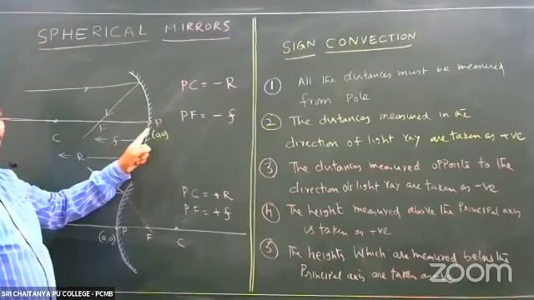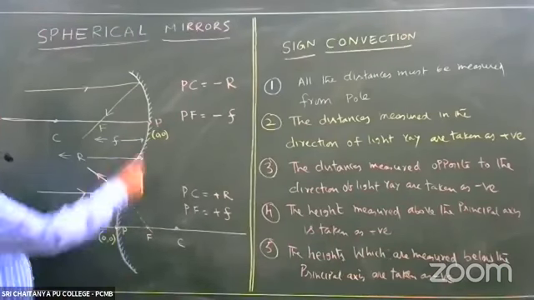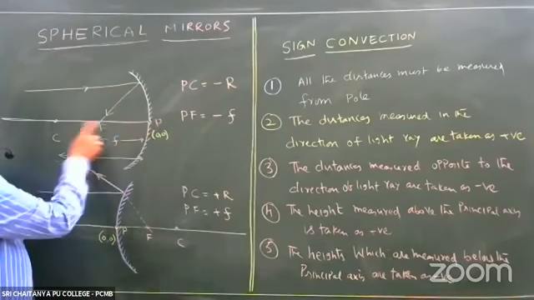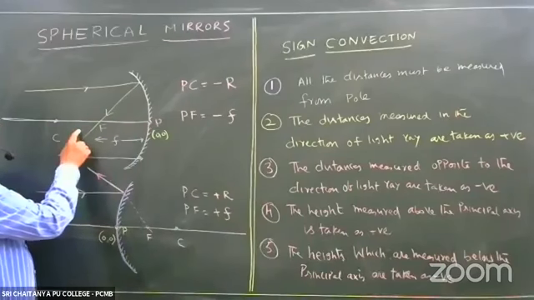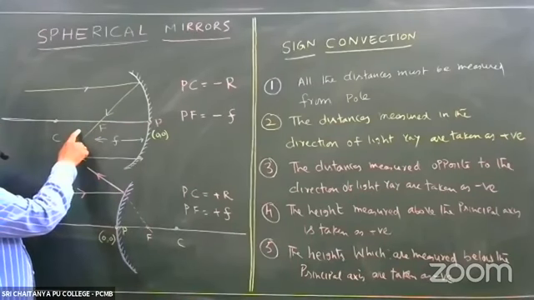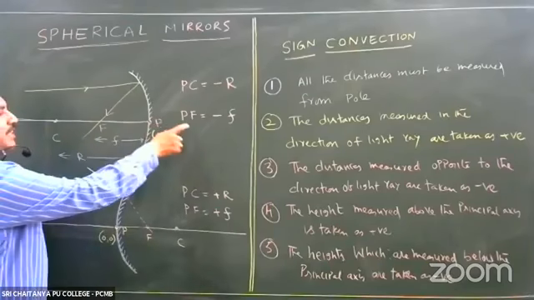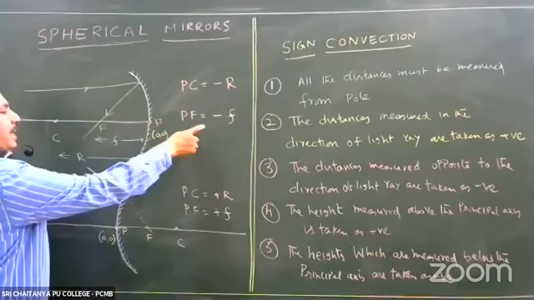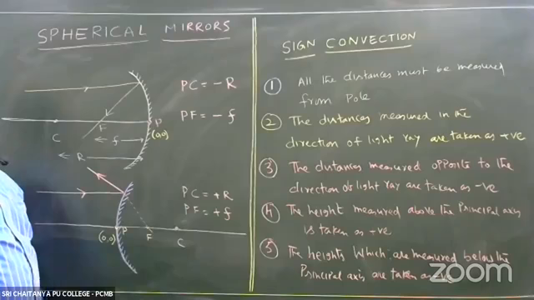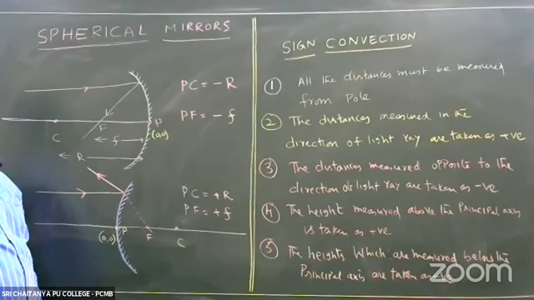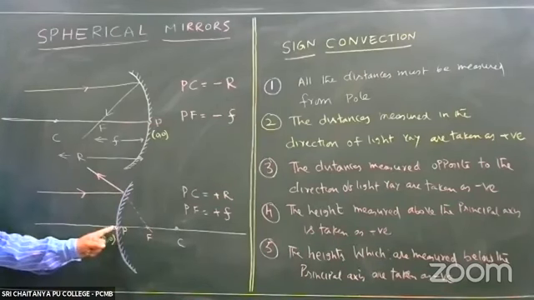In case of concave mirror, if the object is present left side of P, object distance is taken as negative. If the object is present right side of P, then object distance is positive. Same in the case of image distance. In the case of convex mirror also same.